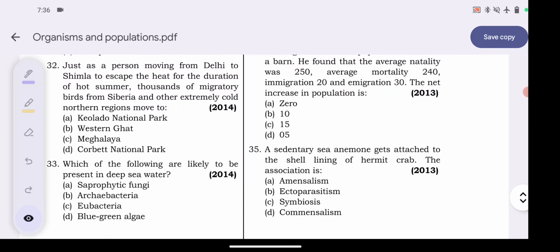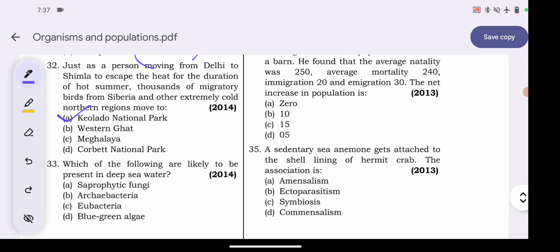Question 32. Just as a person moving from Delhi to Simla to escape the heat for the duration of hot summer, thousands of migratory birds from Siberia and other extreme cold northern regions move to which place? Option A, Keoladeo National Park, Option B, Western Ghats, Option C, Meghalaya, Option D, Corbett National Park. So here your answer will be option A, Keoladeo National Park, which is situated in Bharatpur in Rajasthan.